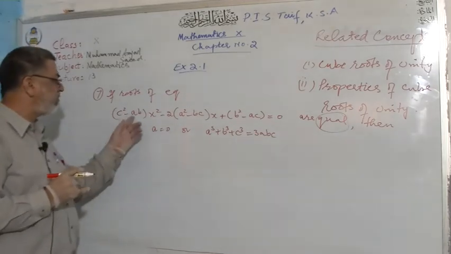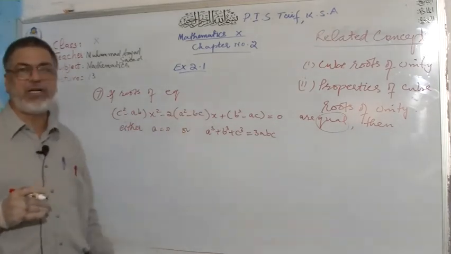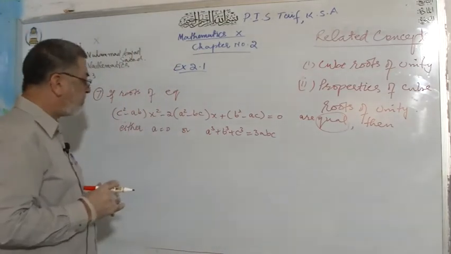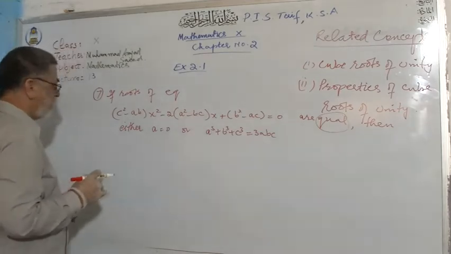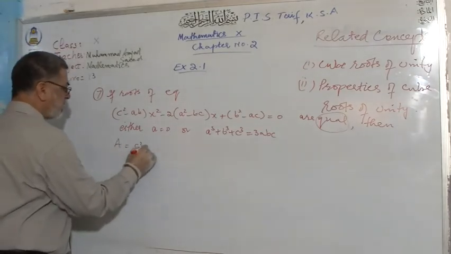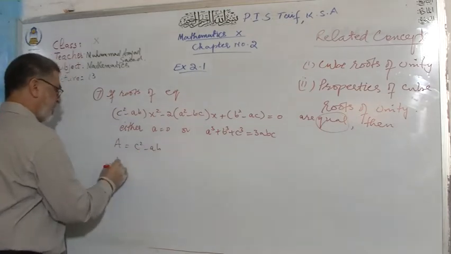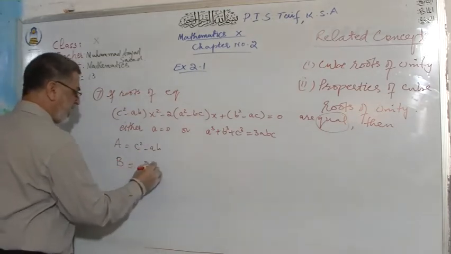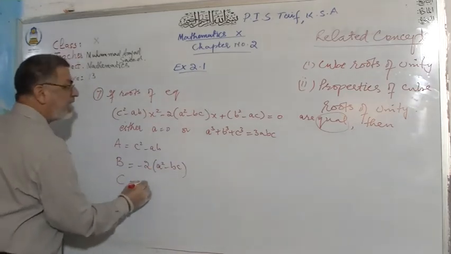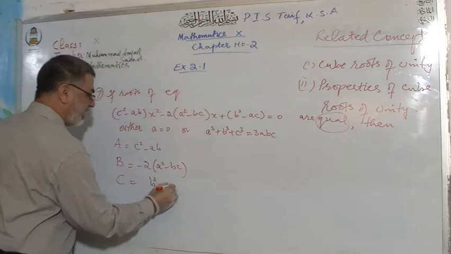Now you have this equation in which small abc are involved. So that's why I am taking capital A for the coefficient of x square, c square minus ab, and capital B is minus 2 into a square minus bc, and capital C is b square minus ac.